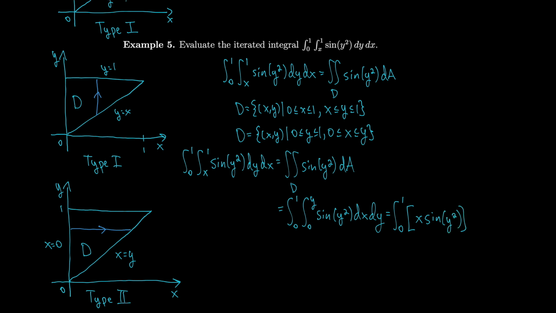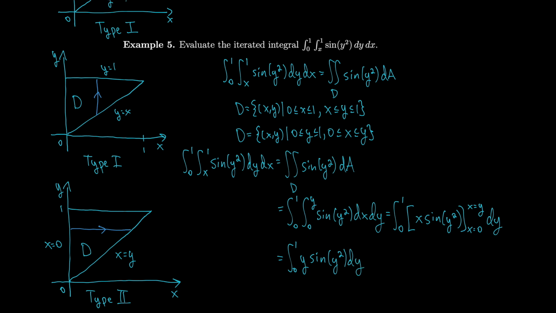So that's wonderful. We'll evaluate that from x equals 0 to x equals y. And then we get the integral, single variable calculus, from 0 to 1 of y times sine of y squared dy, because there's no contribution from x equals 0.